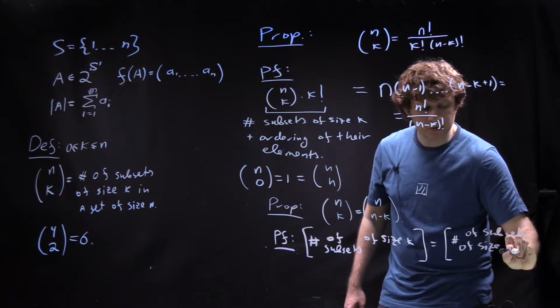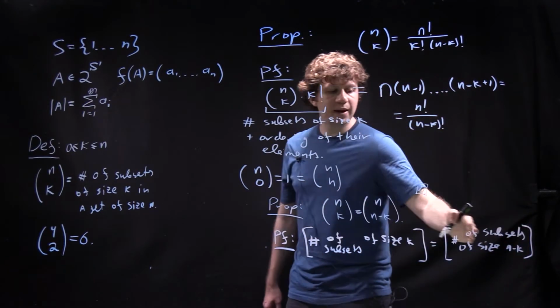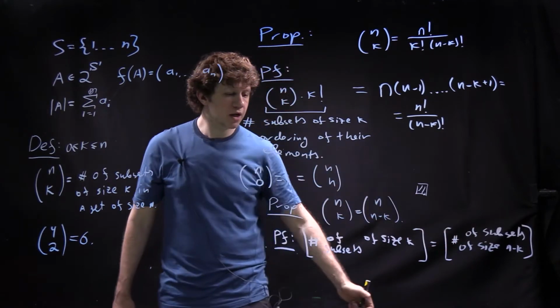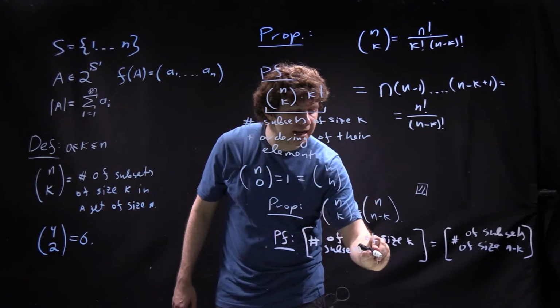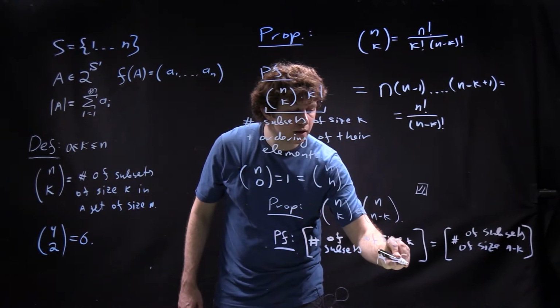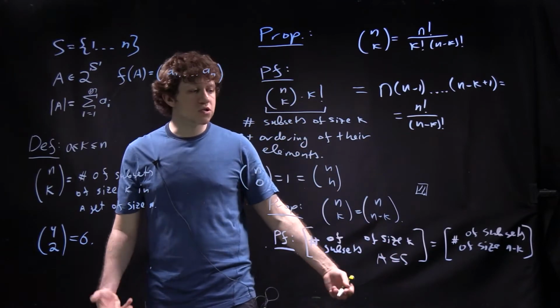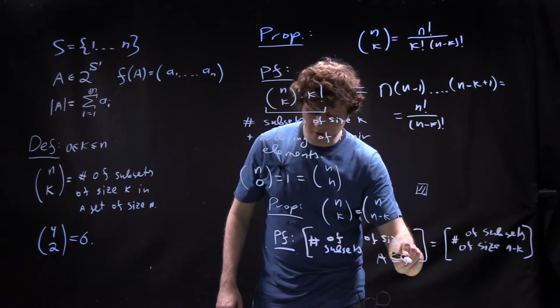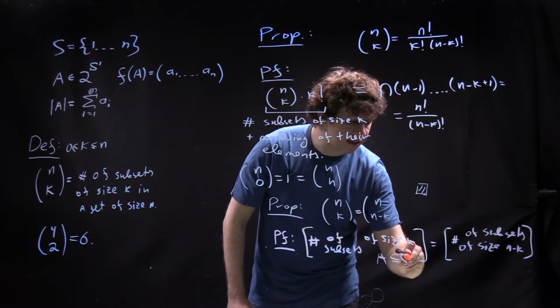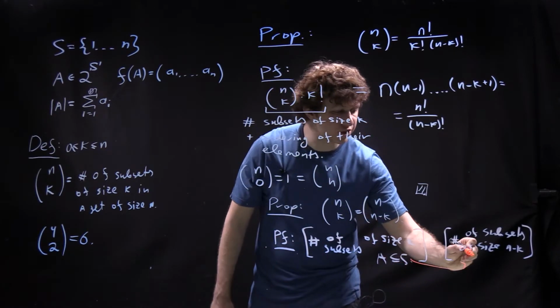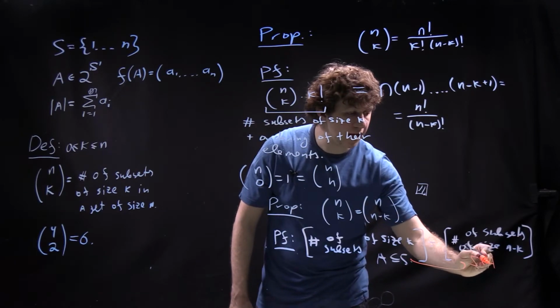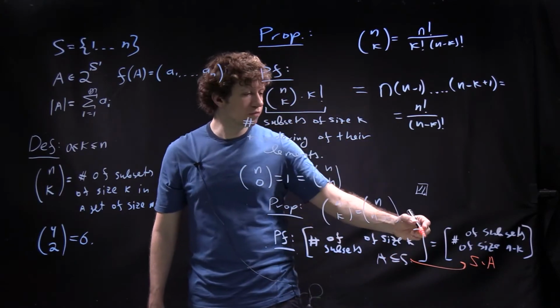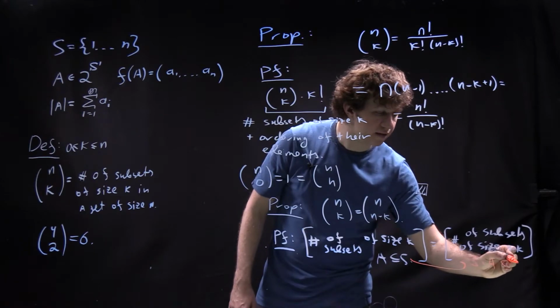One way to show it is to construct a bijection between the sets themselves. So suppose I have a subset A inside S of size k. How to construct a subset of size n minus k? That's very simple. You just send it to the complement. If you take all elements except those in A, this will be exactly of size n minus k.